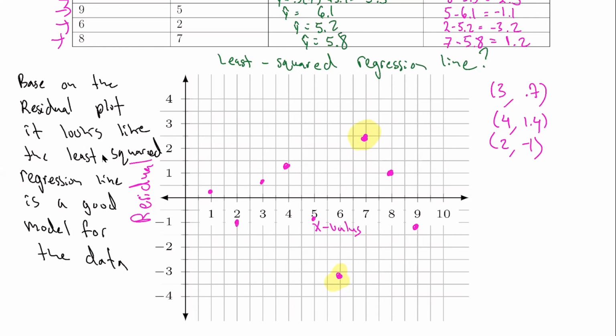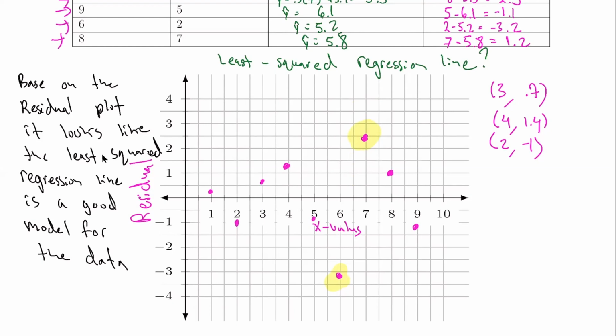We'll say based on the residual plot, it looks like the least square regression line is a good model for the data. And also, just remember, we only have a sample. So based off of this sample, we're trying to make a conclusion about the population. We're trying to say, would the population resemble a linear pattern? And based off of this, we're going to lean toward yes, the population most likely has a linear model or a least square regression line.